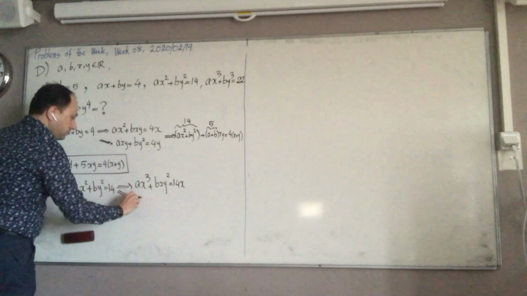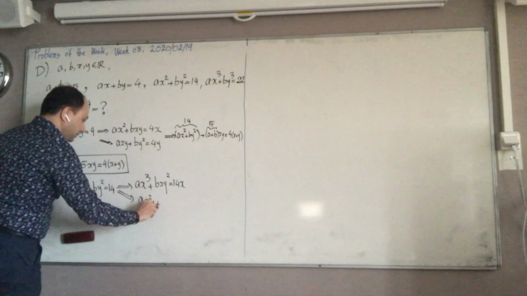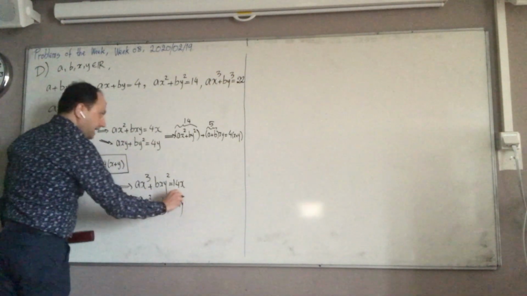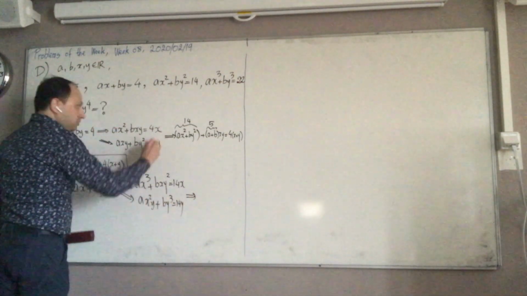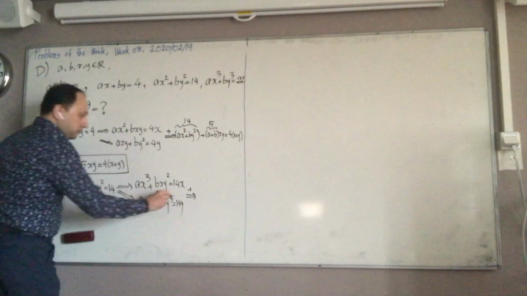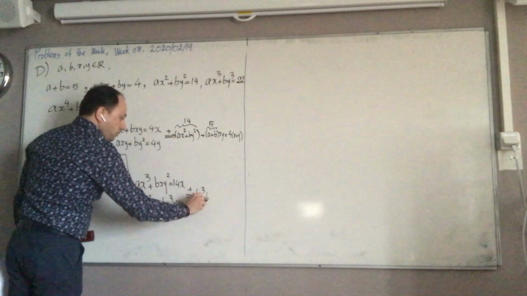Once more, I multiply both sides by y. So then it becomes AX squared y plus BY cubed is 14y. And then I add them again, side by side. So here I added, here I also add. Then this one and this one can be written next to each other. So AX cubed plus BY cubed.